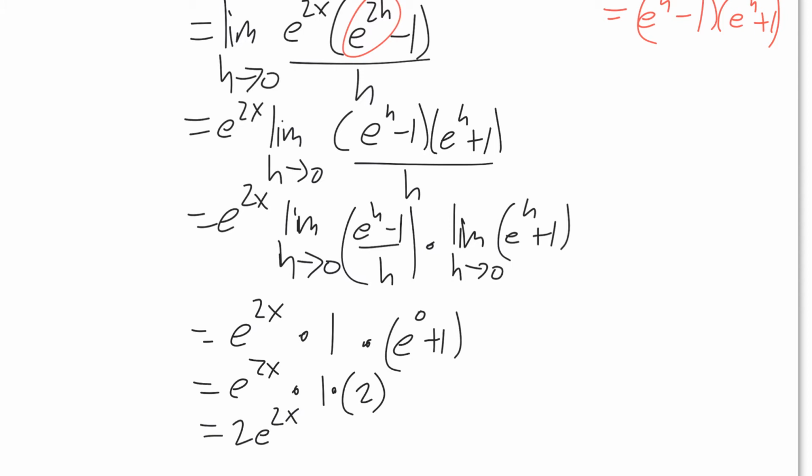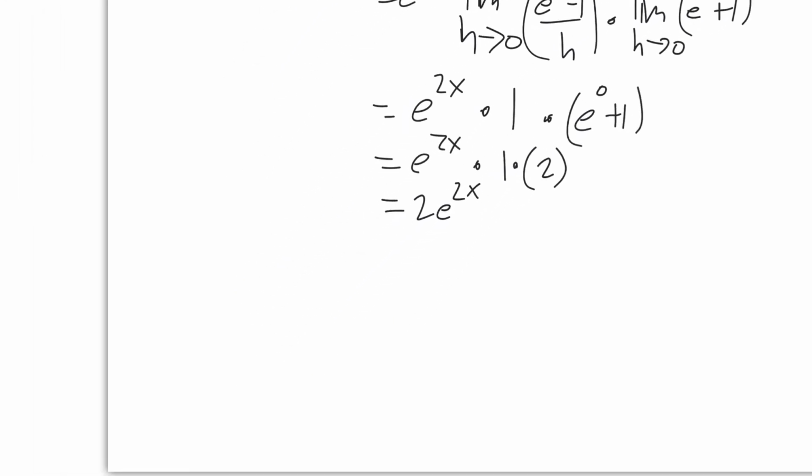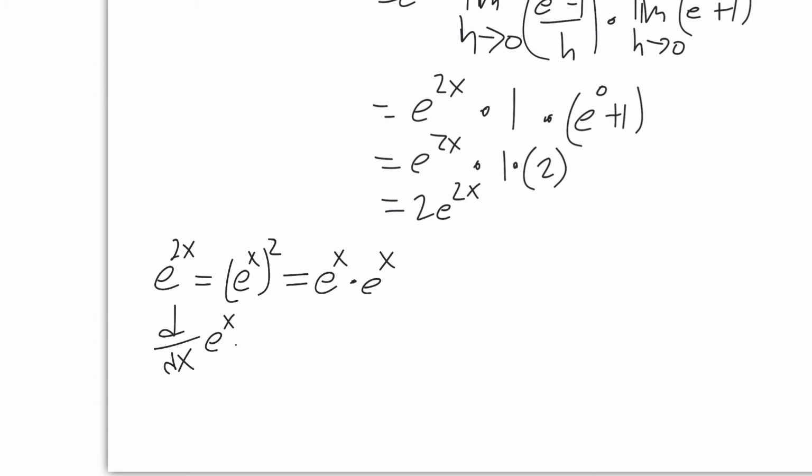Now, again, I alluded to a bit of a shortcut above. So I'm going to show you the same argument with the product rule. E to the 2x is e to the x squared, which means e to the x times e to the x. So when we do the derivative of e to the x times e to the x, we use the product rule.